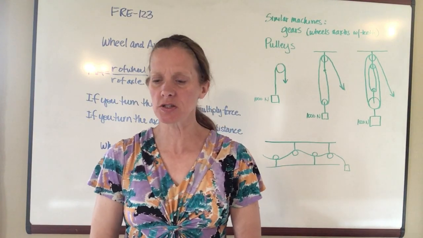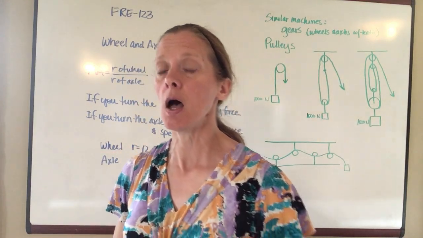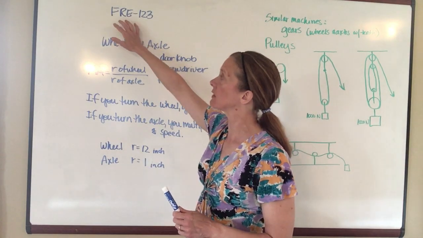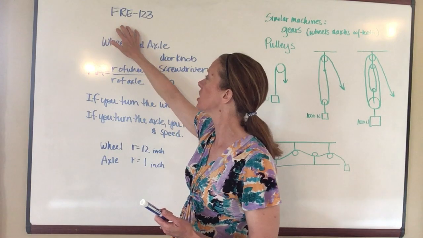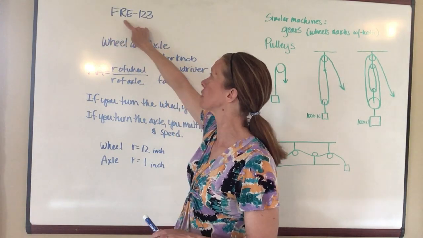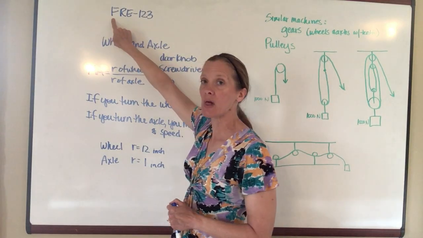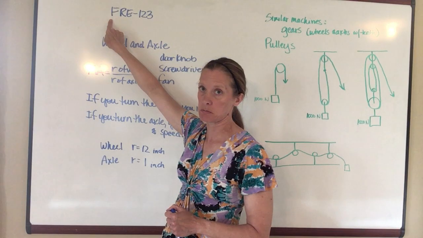So we're going to start with something that I forgot to tell you the last time about levers. If you need a little mnemonic to help you remember which type of lever is which, you can use the phrase free 1, 2, 3. A first class lever will have the fulcrum in the middle.